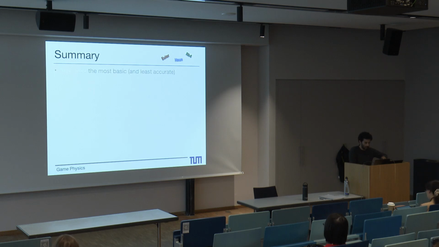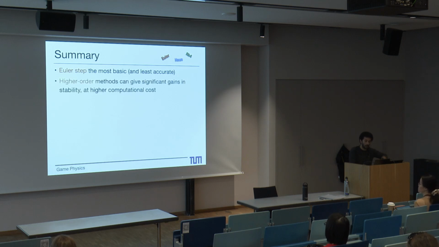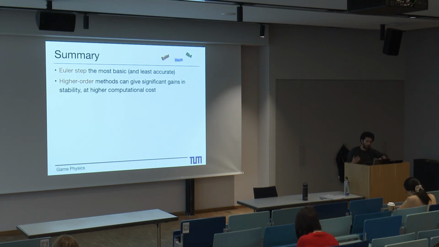So the Euler step is the most basic but also the least accurate approach that we can have for this integration. We can definitely use higher order methods. You are actually advised and recommended to use higher order systems, because we have much higher accuracy with a good trade-off with respect to computational cost.